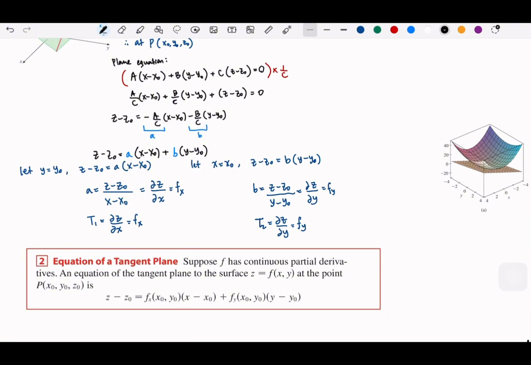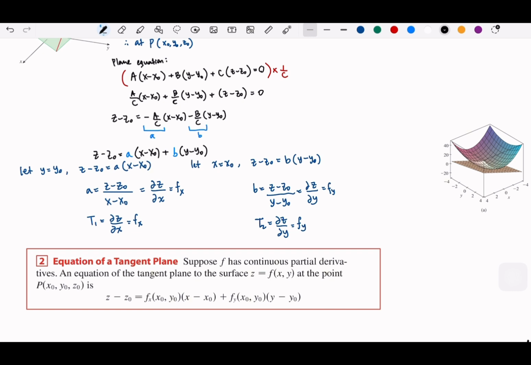You will see that as we progress, there will be some other ways to describe the tangent plane. You can see which one is suitable. And I think as you see the progress, the more we have in the chapters, we can see that actually it will be very easy to describe the tangent plane.